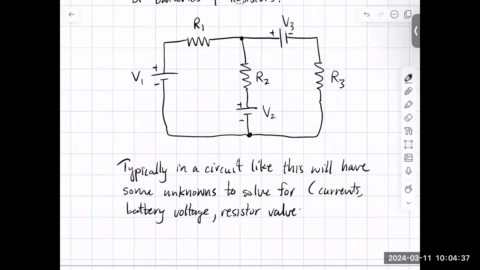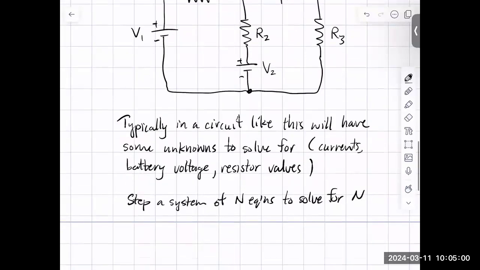Whatever the unknowns are, what we're going to have to do is set up that system of equations to solve for them. So we need to set up a system of n equations to solve for our n unknowns.